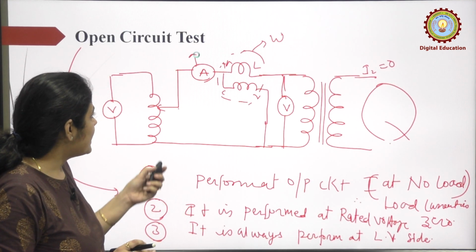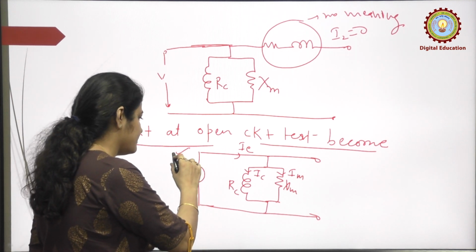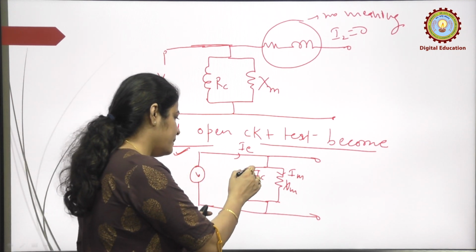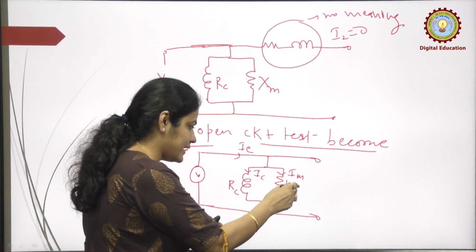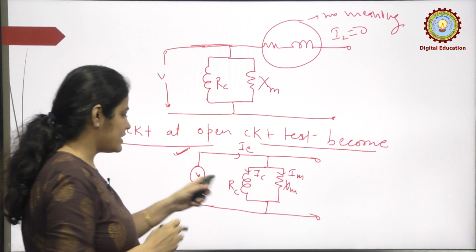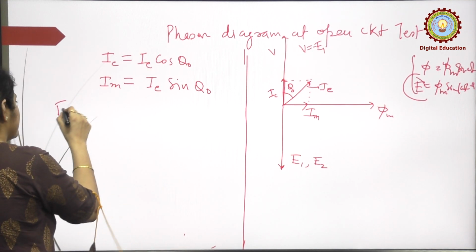As you have seen, in the open circuit test the circuit becomes like this. With the help of this open circuit test, you will get two parameters, Xm and Rc.